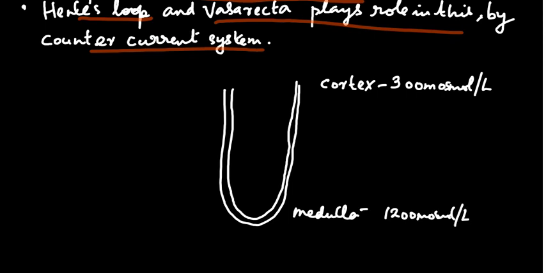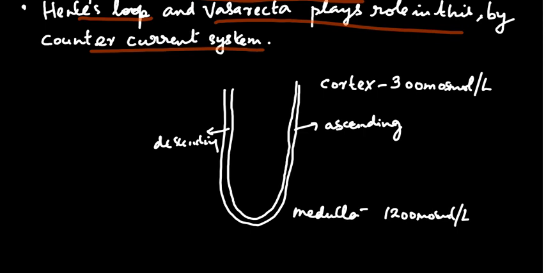The reason how this happens is, one, the Henle's loop. Henle's loop's two limbs are there. This is the descending part of Henle's loop, and this is the ascending limb of Henle. And then the vasa recta.